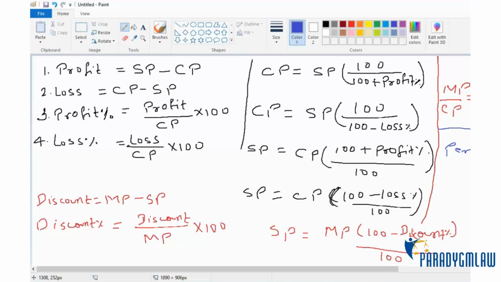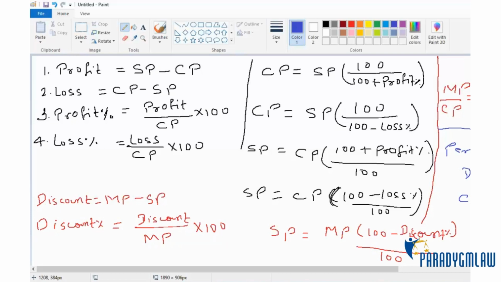Now there is a discount of 20%. And the cost price is suppose $60. Then what is the profit? Are you getting my point or not?